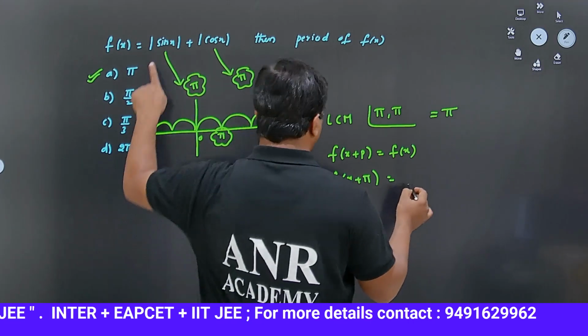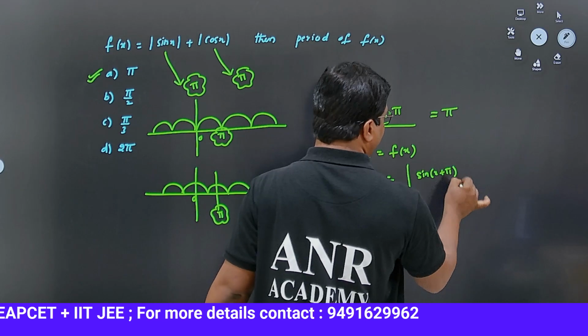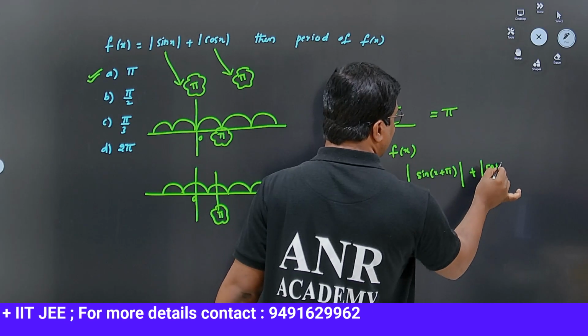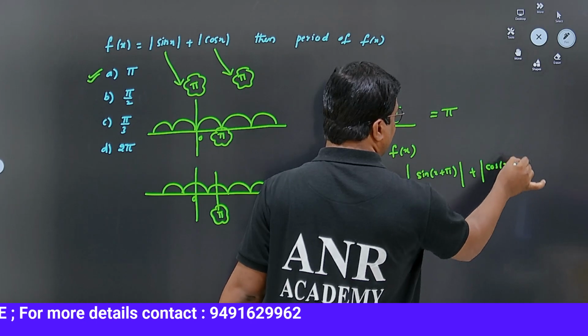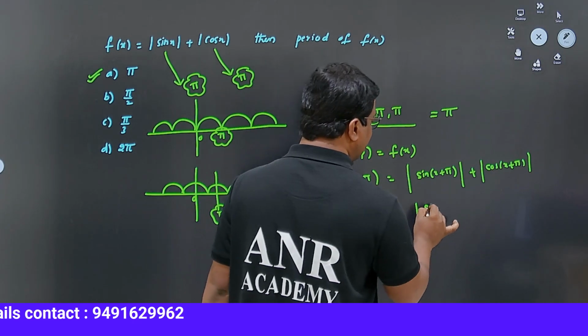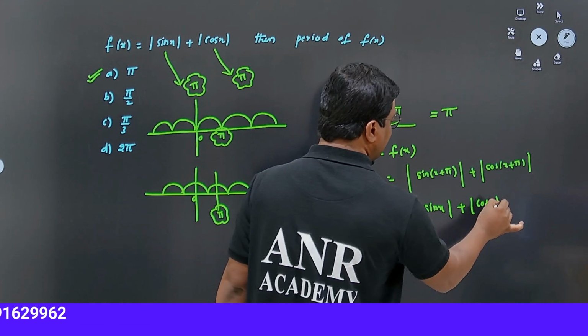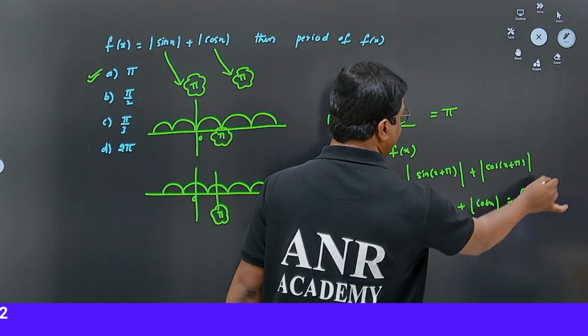f of x plus pi, that is modulus of sine of x plus pi plus modulus of cos of x plus pi. Sine 180 plus theta gives sine theta again, due to modulus again it is mod cos x, and hence you got f of x.